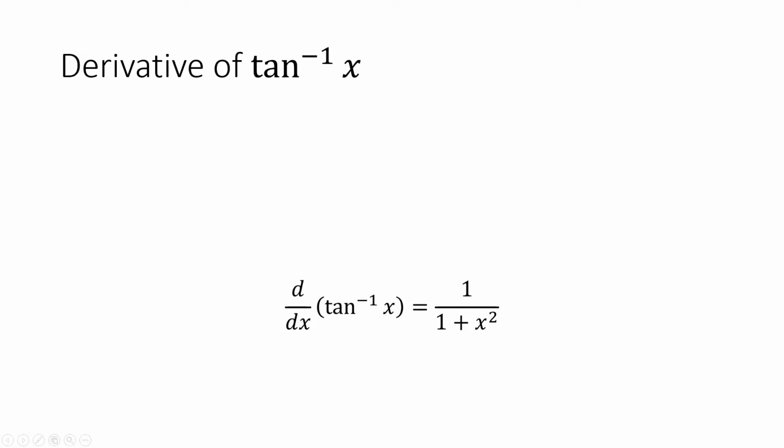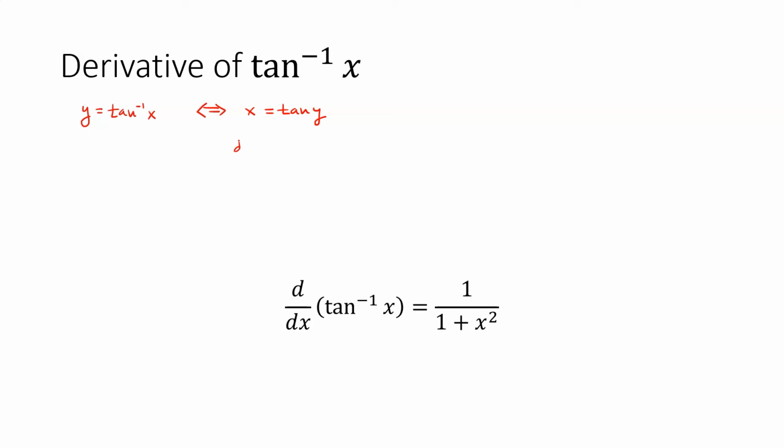Here, let's consider the derivative of tangent inverse of x. We've done a similar derivation with the other ones, where if I say y equals tan inverse of x, we can do it implicitly by writing x equals tan of y.